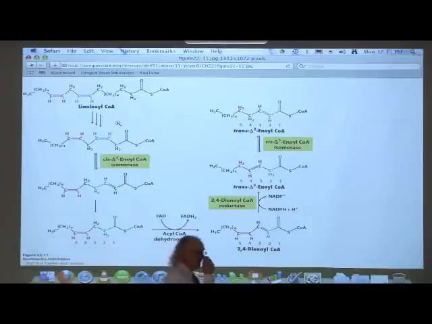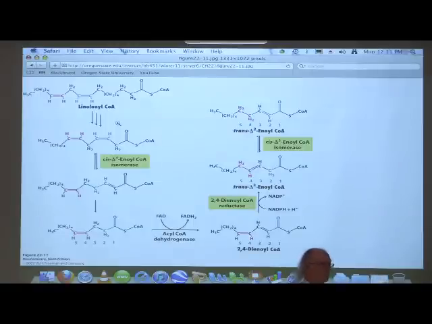One glucose gave us 38. And even if you allow for the difference between the number of carbons in glucose and the number of carbons in palmitate, we still get more ATPs out of palmitate. So fatty acids are a greater reserve of energy for us than glucose is.